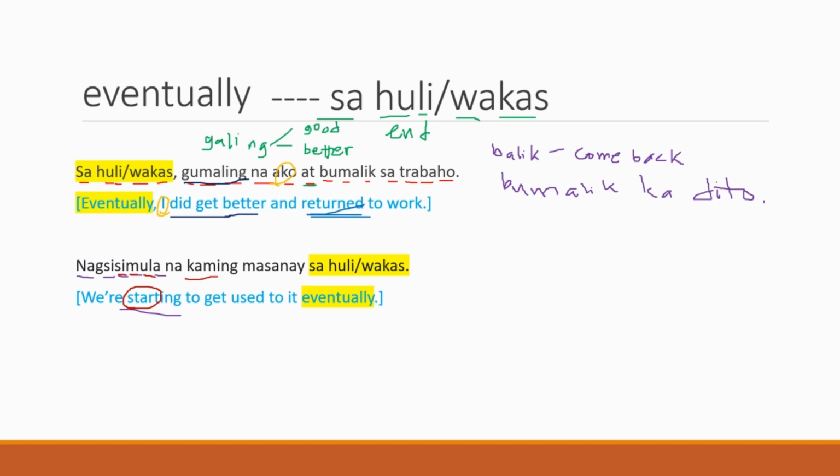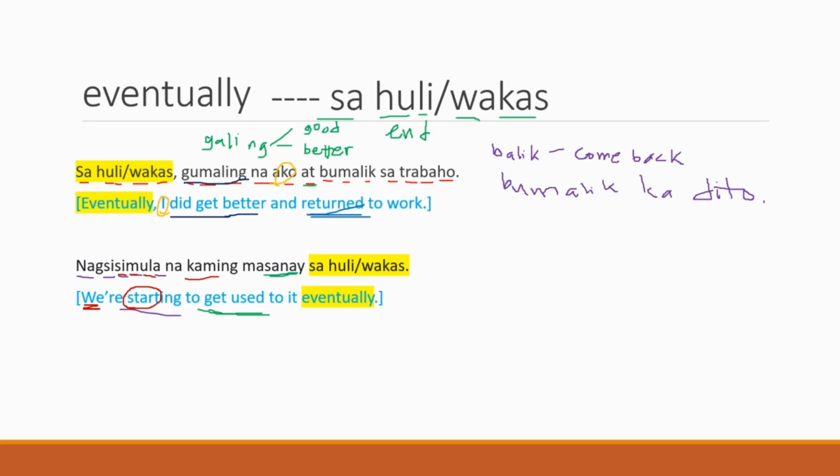Kami is the pronoun for we. And masanay is to get used. To get used. The root word of it is sanay. Sanay.